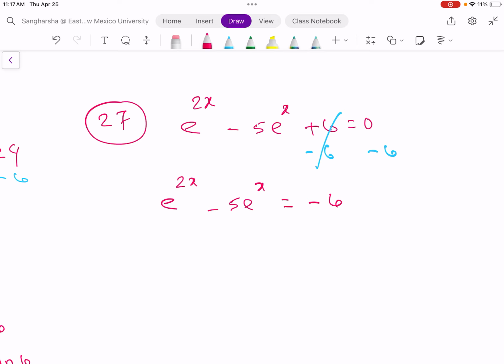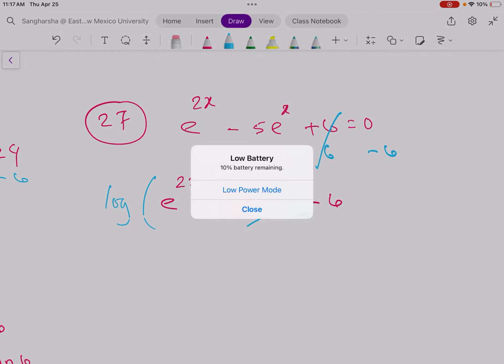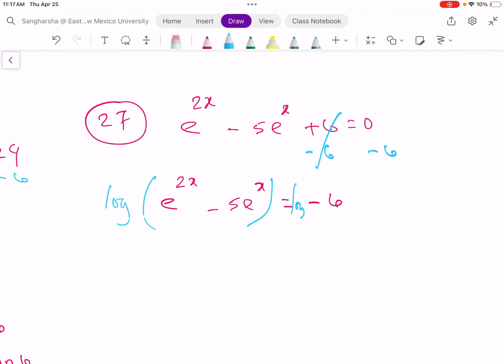The next step would be, applying log, is that going to help us? If we apply log on both sides, we have a log of negative 6, which is undefined. We can't find the log of negative 6, so this is not helping at this step. We might need to apply log, but here it's not helping us. So is there any other way?